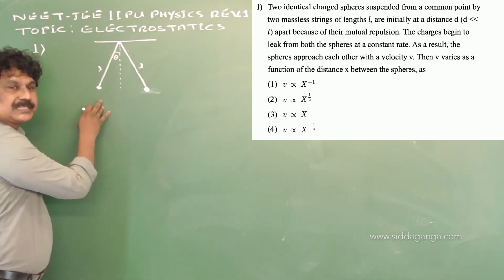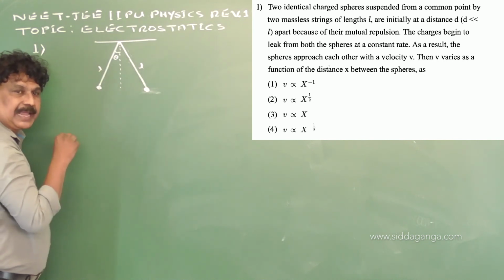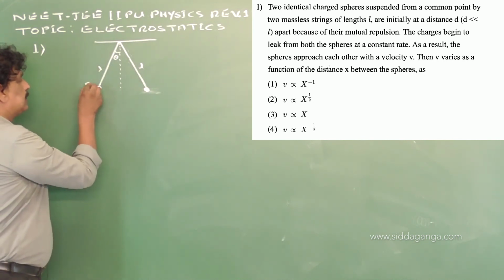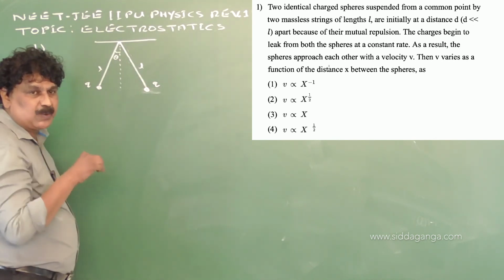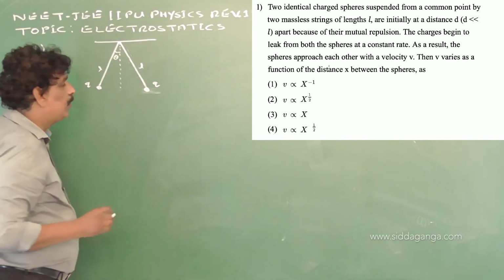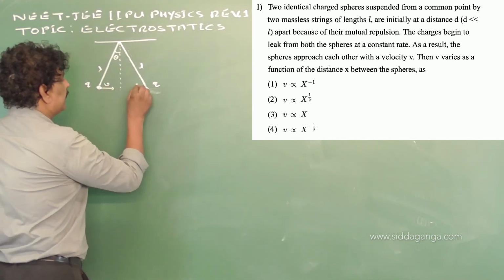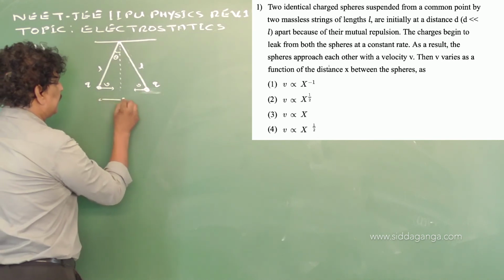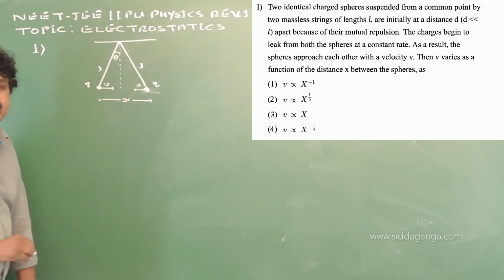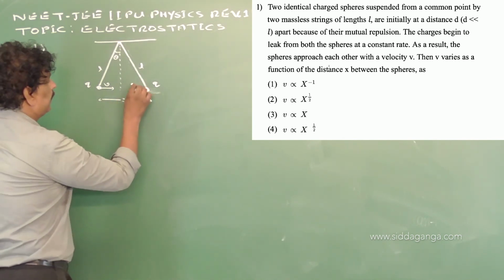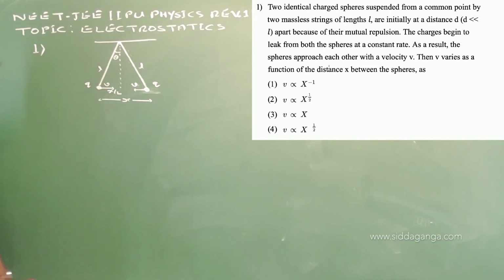Now the charge starts leaking from the two spheres at a constant rate. This is charge Q and this is also charge Q. Now the repulsive force decreases and they start moving towards each other with velocity v. So at any instant of time, let x be the distance of separation between the two charges. So this distance is x by 2.